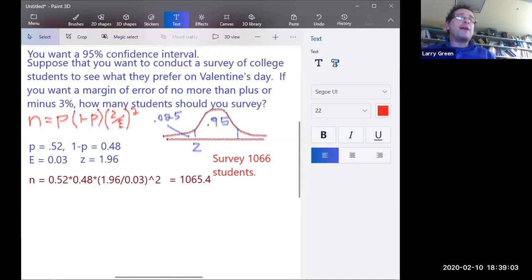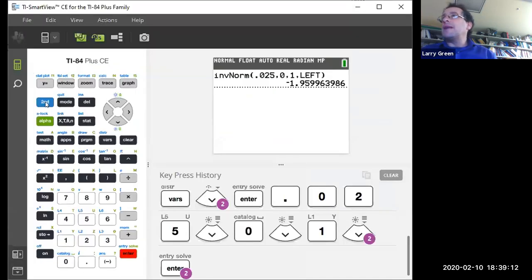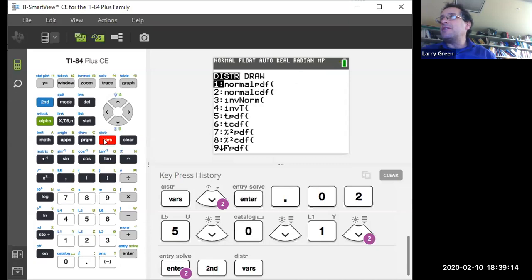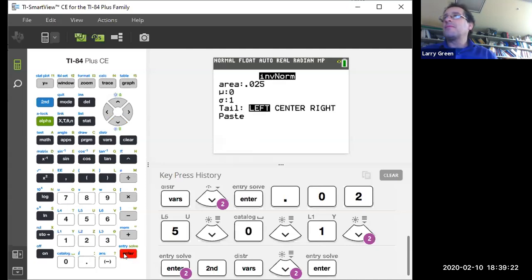Okay, so let me go back to my calculator. Jeremy, you can see what I did. I went second distribution, and inv norm. You've done that before, in chapters 6 and 7. And then the area was 0.025, because that's the area to the left.